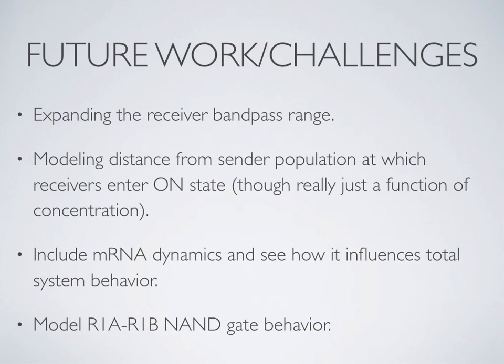I would also want to turn this into a spatiotemporal model in which senders and receivers are various distances from each other and receivers respond to sender signal based on that distance. I would also want to include mRNA dynamics to see how they influence the total system behavior. Finally, it would be nice to create a surface plot that would model the NAND gate behavior of the R1a and R1b repressor. Overall, I think this type of modeling and analysis would prove to be very useful in analyzing natural processes such as embryonic development.